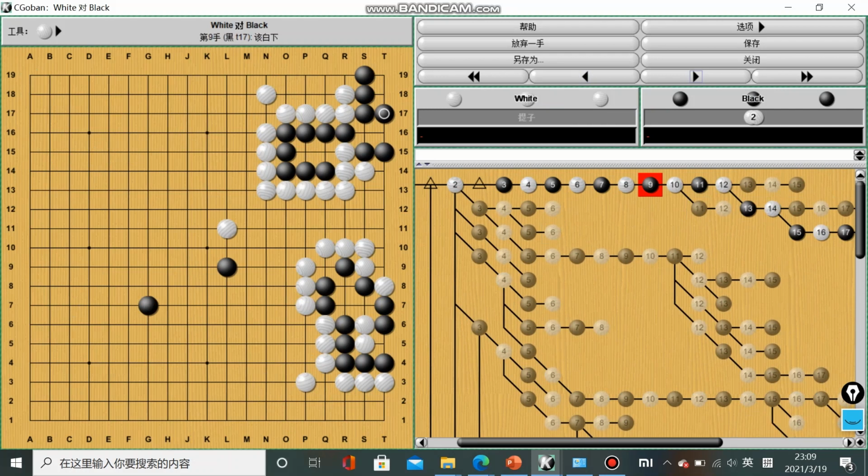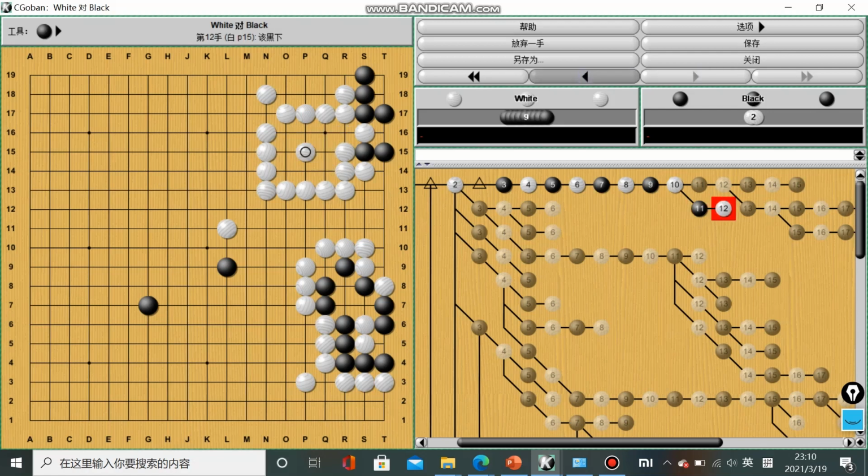At this point in time, the important step is to play at S16 to make this eye a false eye. Subsequently, play at Q15. Just now, black cannot play it here because it will be eaten due to the shortage of liberties.